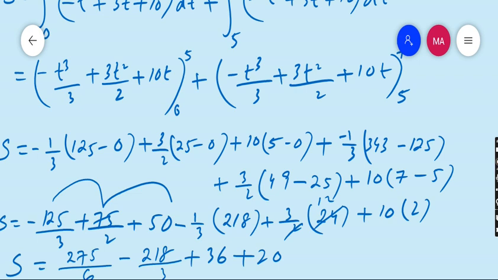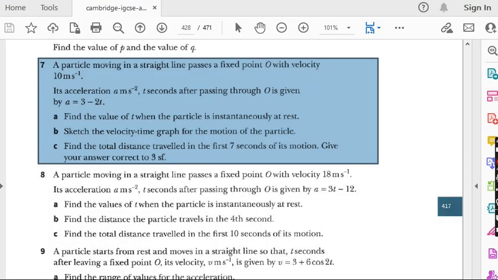Minus 1 upon 3, 7 cube is 343, and minus 5 cube is 125. Plus 3 upon 2, 7 square is 49, and 5 square is 25. Plus 10, 7 minus 5. What is the answer of this question in the book?